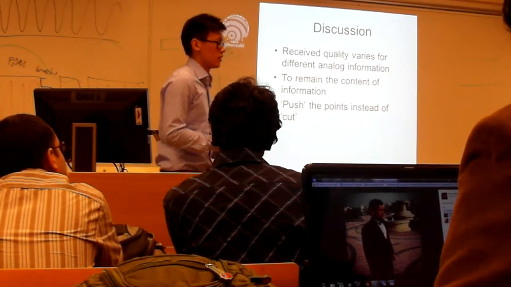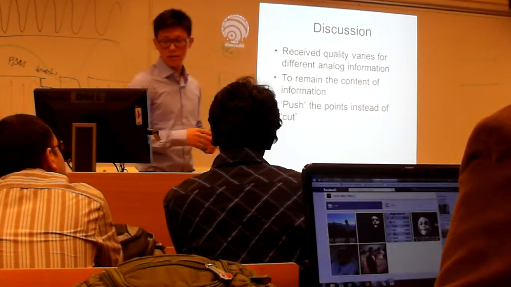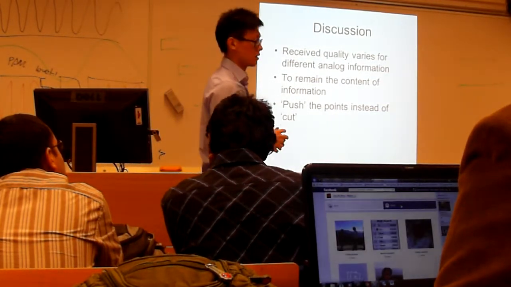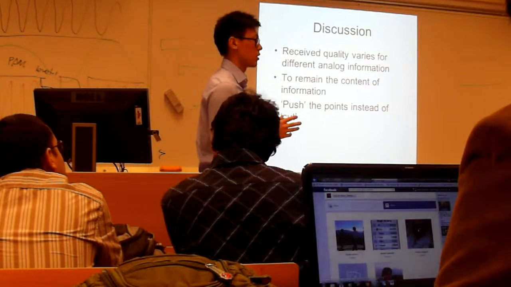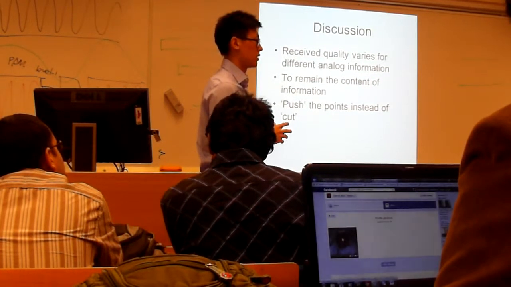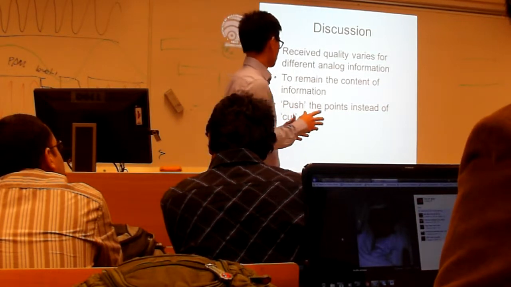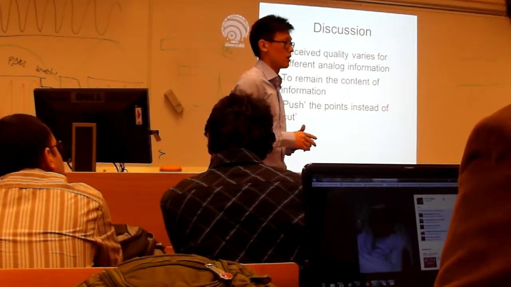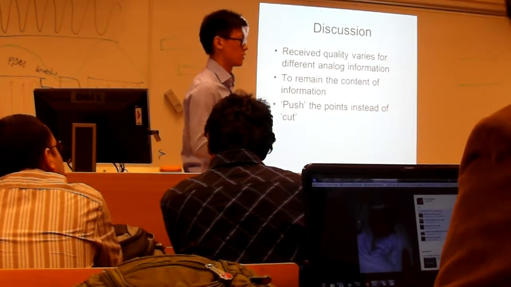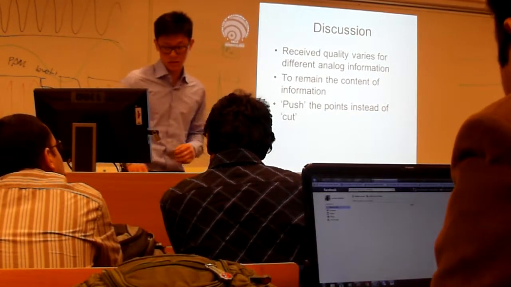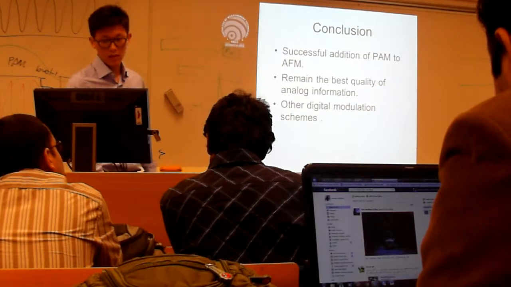So instead of cutting the points, we push the points into the range by only changing the amplitude information and keeping the phase information. This way we can retain the content of the information.